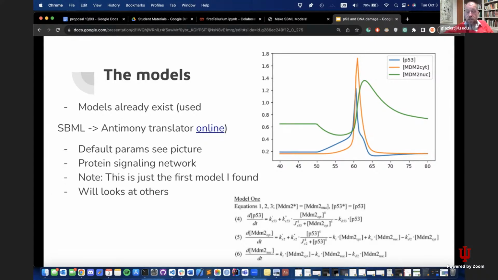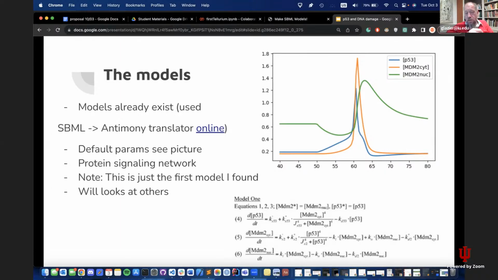One is 5 and one is 6. And you can ask, what is the rate of flow between the nucleus and the cytoplasm of the chemical? The flow will be from the one that has the higher concentration to the one that has the lower concentration. Chemicals flow downhill just the way water flows downhill.